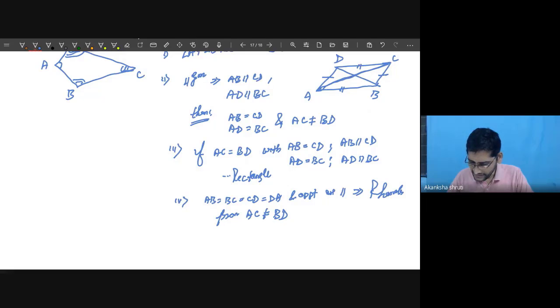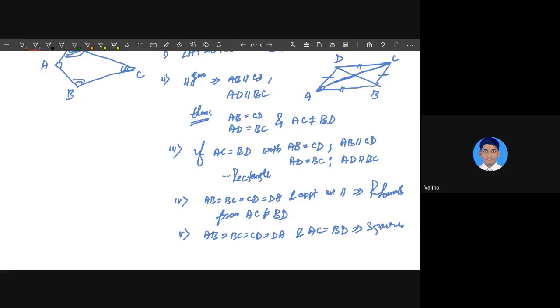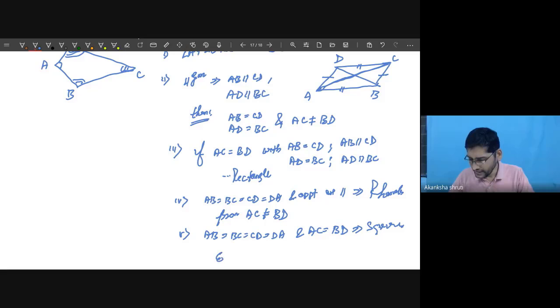But in this condition, if AB is equal to BC is equal to CD is equal to DA and the diagonal AC also equals BD, then it becomes a square. Each angle is 90 degrees for both rectangle and square.